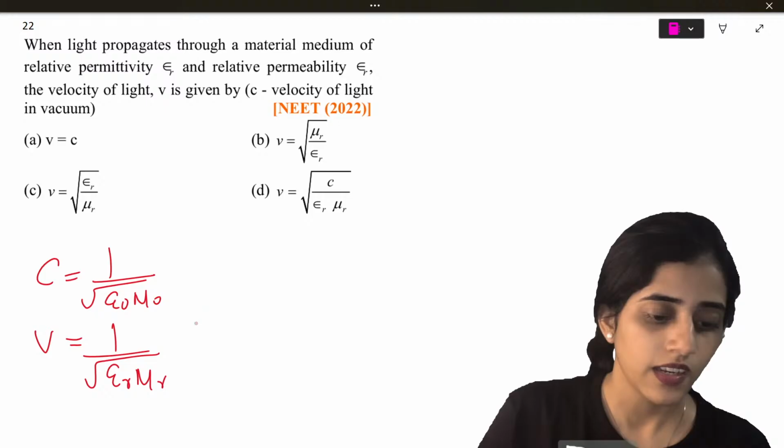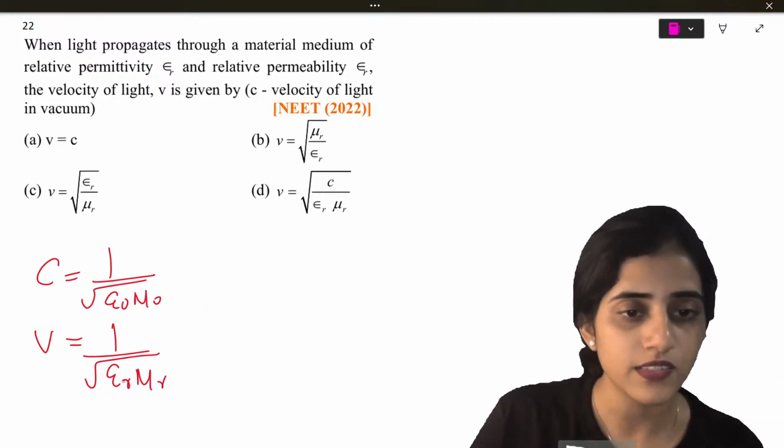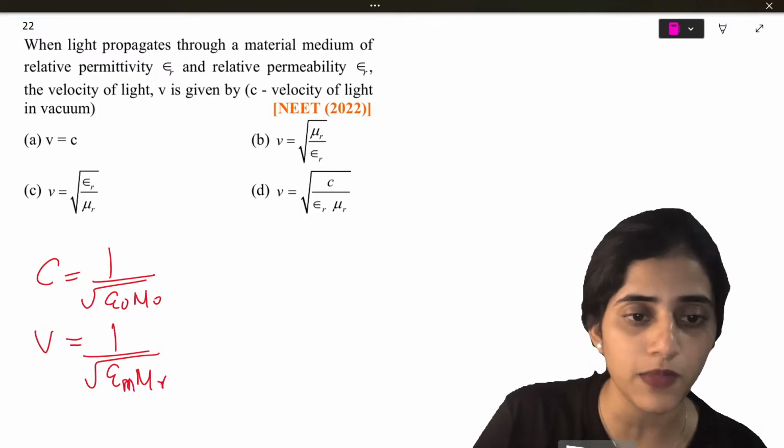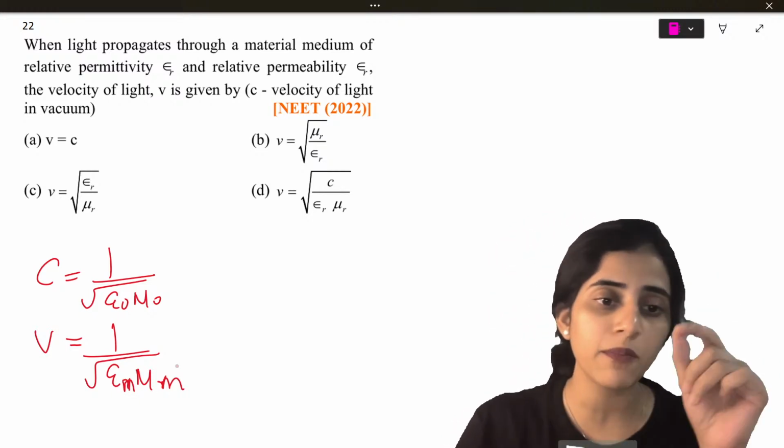Okay. Now what I will do? This is going to be a medium, right? So this is the velocity of light in a medium, so epsilon m mu m.